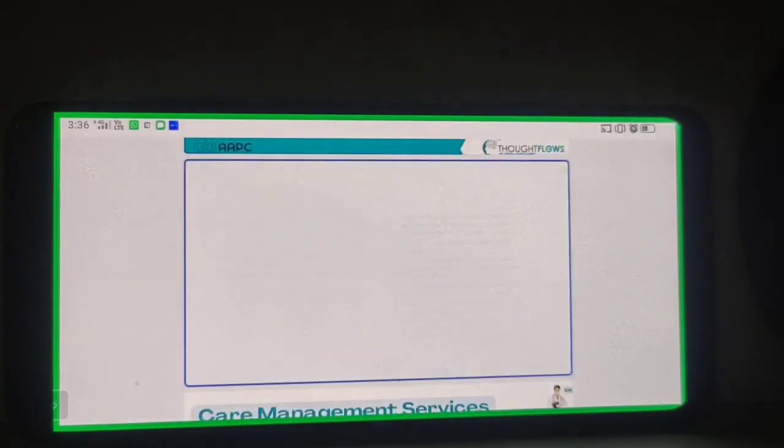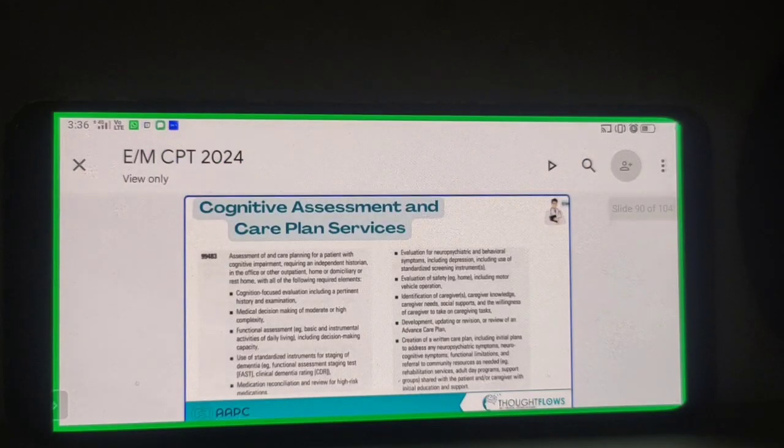And these are the very direct ones. Cognitive assessment and care plan service. This is not that important either. Actually, they are taking the assessment of how to take care of the patient, what things we have to follow.